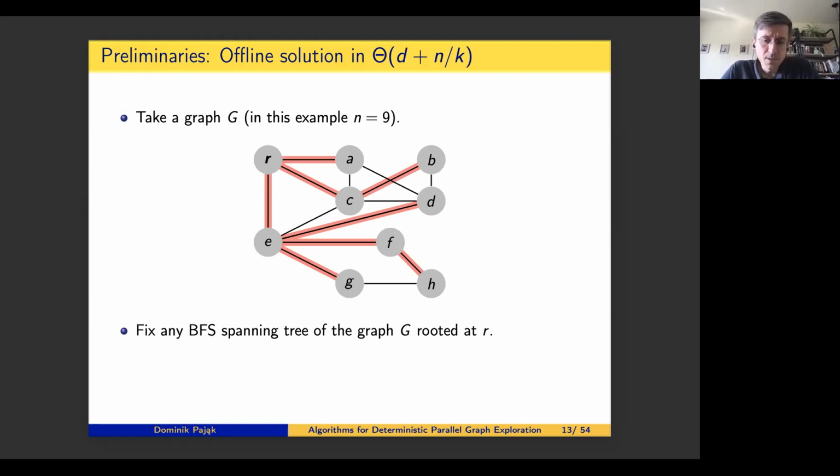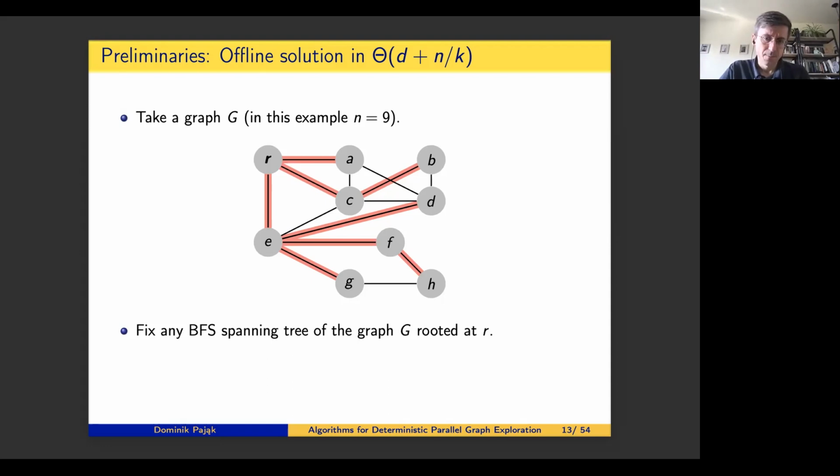A BFS spanning tree is again a fancy term that basically says it's a tree, which is a graph without cycles, that spans, meaning that it connects all the vertices of the graph, and it's BFS because it has minimum depth, let's say. The length of the longest path from r to any other vertex is not longer than it is in the graph.